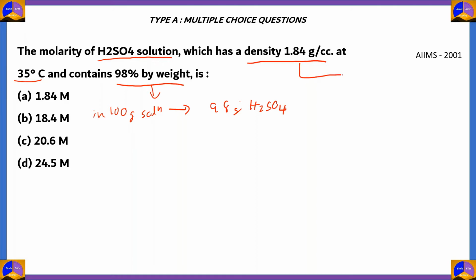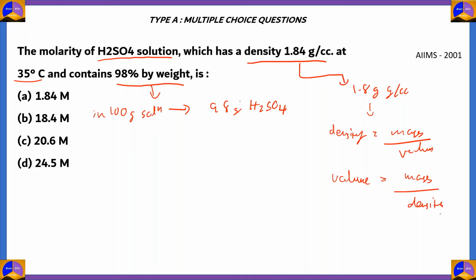Since the density is given as 1.84 grams per cubic centimeter, we can find the volume using the formula. Density is equal to mass upon volume, so volume is equal to mass upon density. The mass of the solution is 100 grams, divided by the density, 1.84.